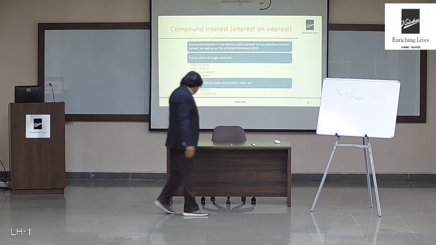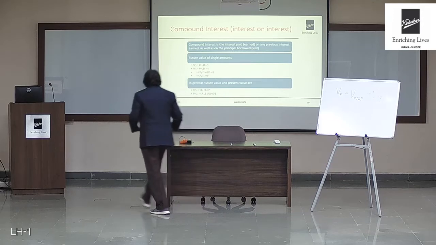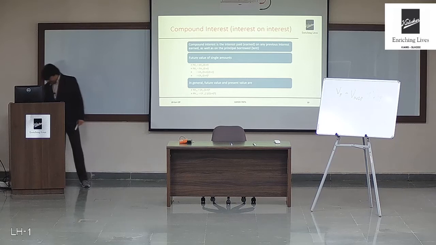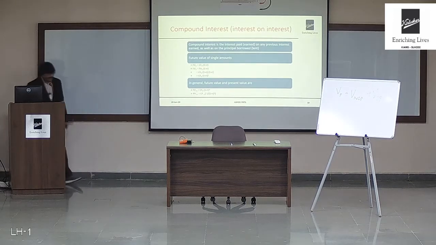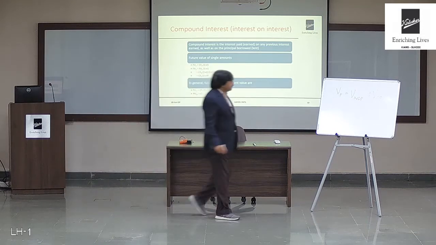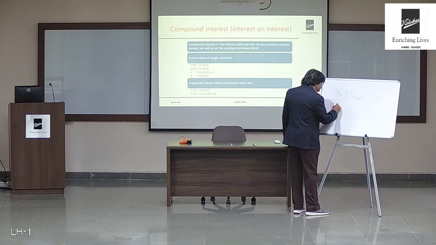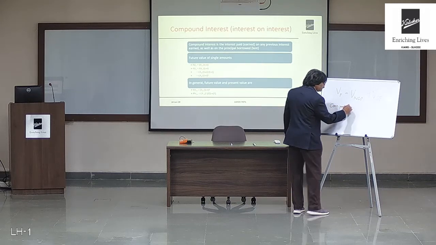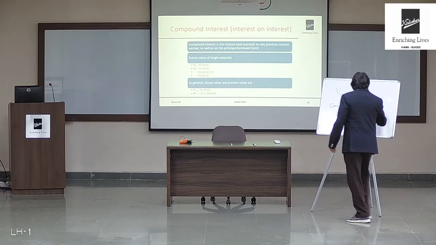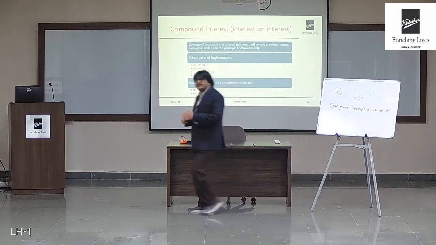Now let's look at the first part, which is compound interest. We have seen from the beginning that cash flows involve either simple interest or compound interest. Compound interest is basically interest on interest, so the interest itself is compounded.